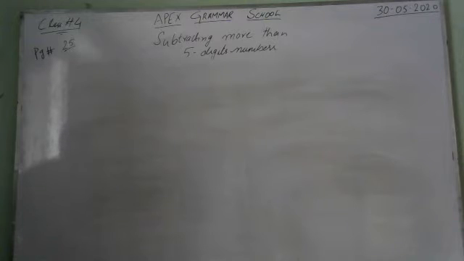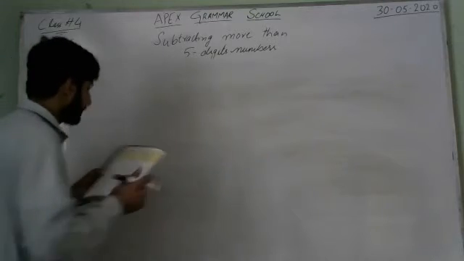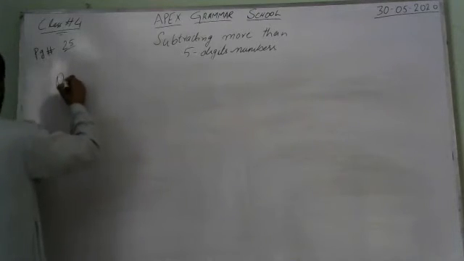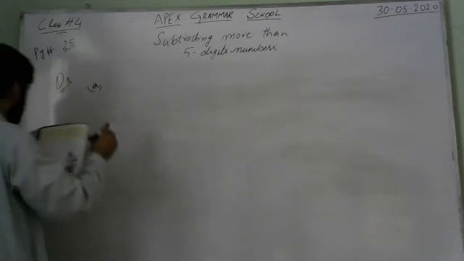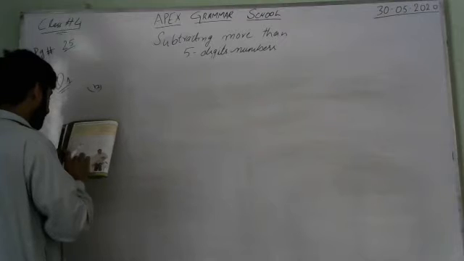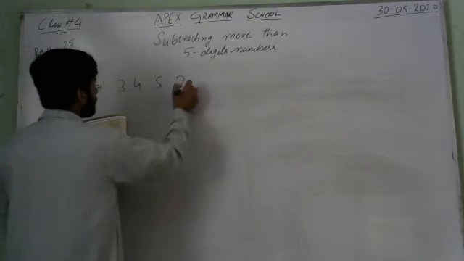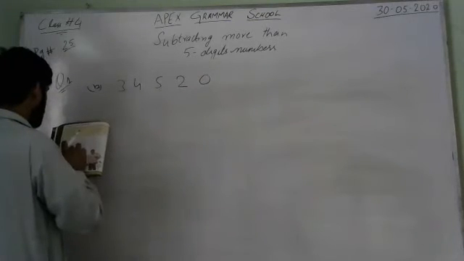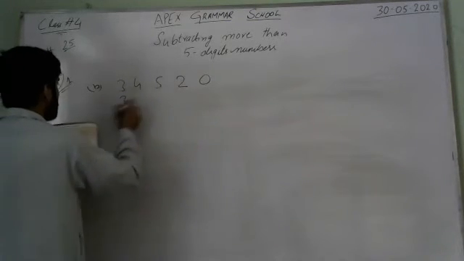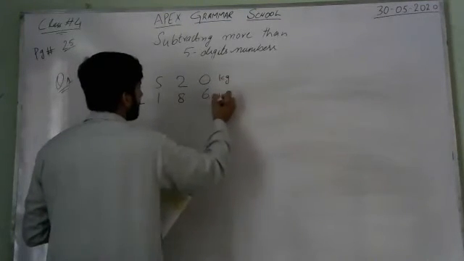B part of this question is, how much more cotton did Tariq produce in 2008 than in 2007? In 2008, Tariq produced 3, 4, 5, 2, 0, and in 2007, Tariq produced 3, 2, 1, 8, 6 kg.